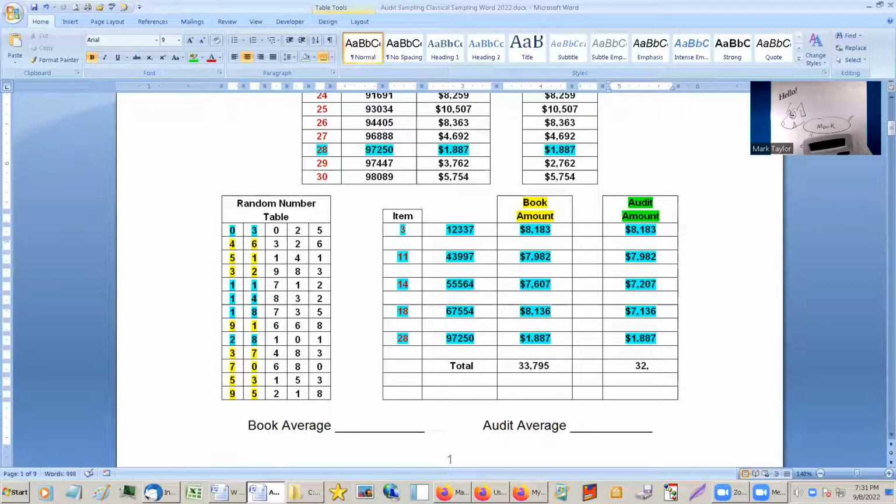Okay, so we'll get those two, then we're gonna divide by 5 for each one.